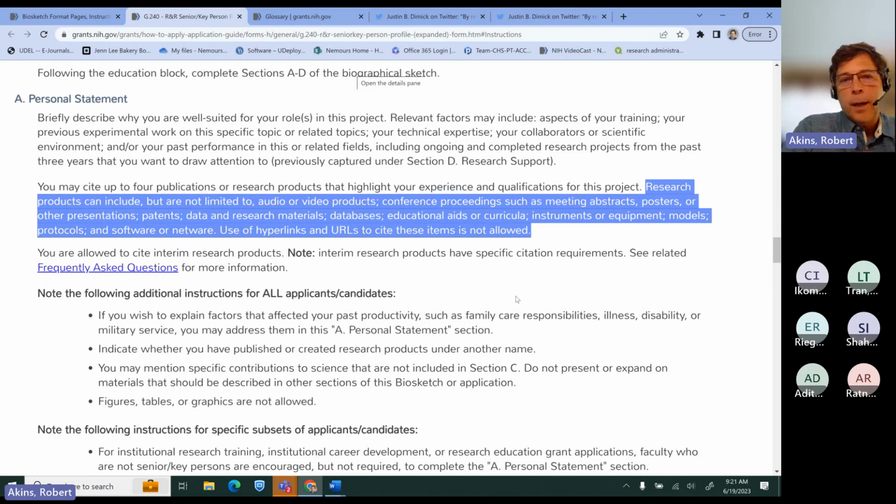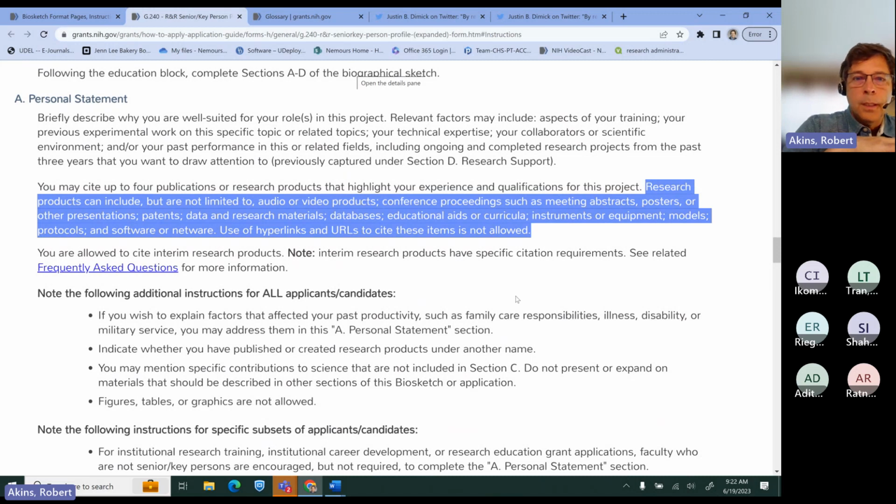But if you've got conference proceedings, posters, especially if they're particularly strong or invited, if you have a patent, if you've developed a database or educational aids or developed a curriculum, especially if that's directly relevant to what you are proposing in the current grant, then you can put it in as a research product. The one thing you can't do, although you used to be able to, is to put hyperlinks.